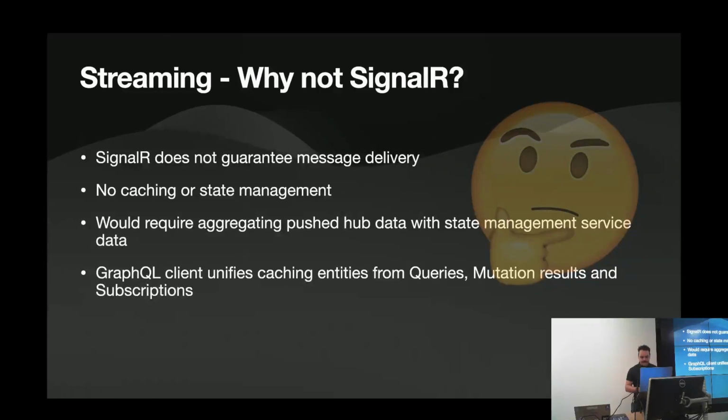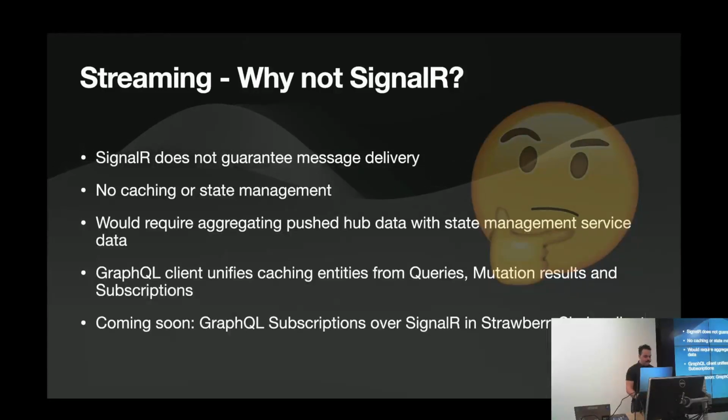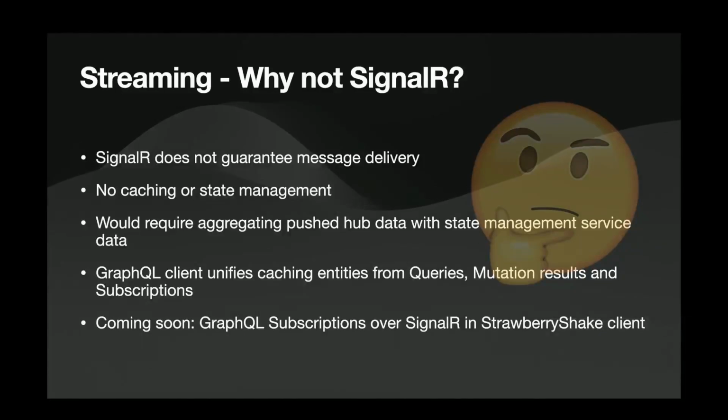You can keep building on top of that. And one thing that's kind of interesting is they're working on SignalR as a GraphQL subscription transport. I think that will be implemented eventually.